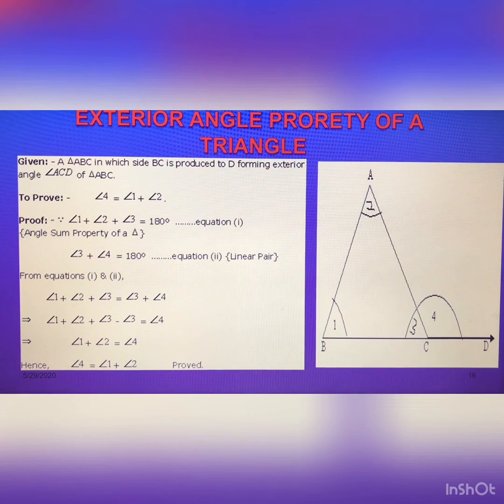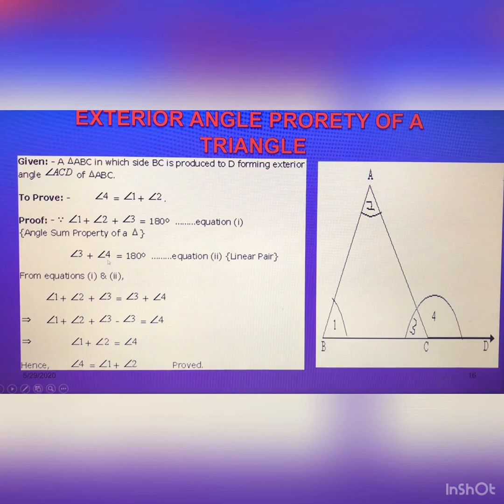We know that by the angle sum property of a triangle, the sum of all angles of a triangle is always 180 degrees. That is angle 1 plus angle 2 plus angle 3 is always 180 degrees. Let this be equation number 1. This is the angle sum property.